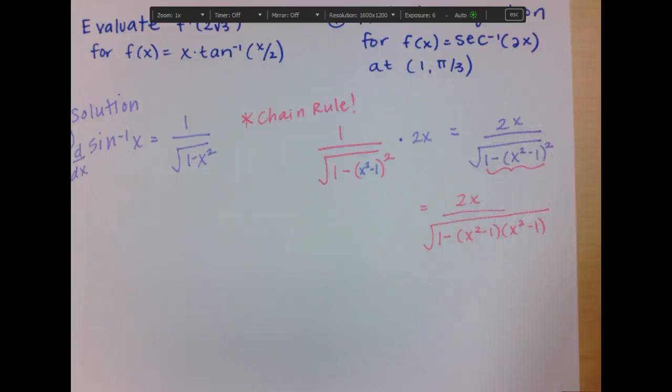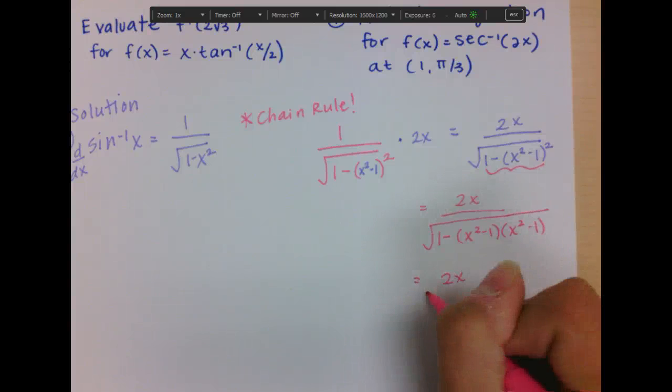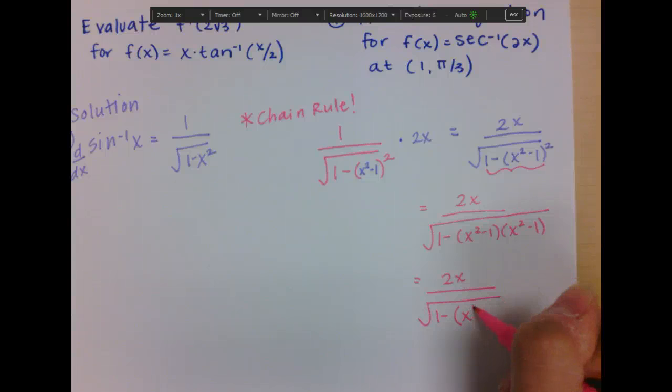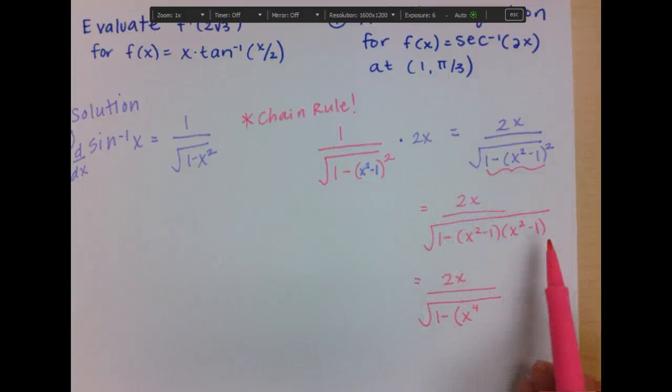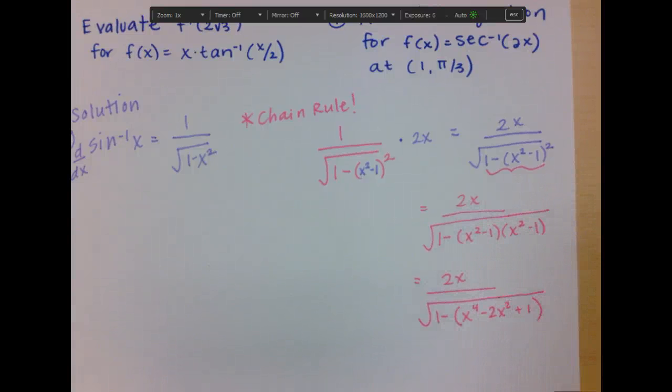We'll do a little algebraic manipulation to get to our final answer. We have 1 minus x to the 4th minus 2x squared plus 1.